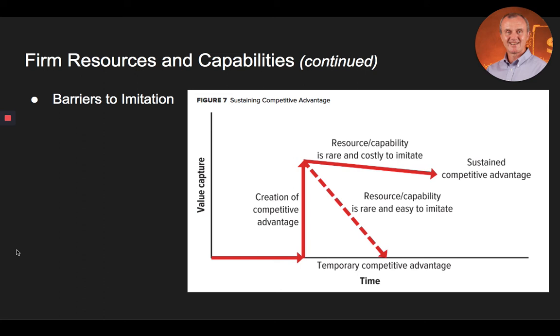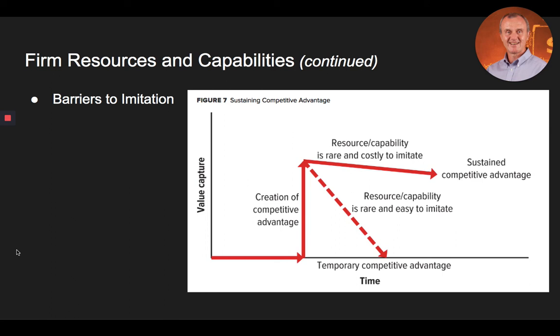Now, let's look at the barriers to imitation. Several characteristics of resources and capabilities make them more difficult to imitate by other firms. Property rights, such as patents, may make it difficult for an imitator to offer a competing product. Firms also engage in preemption to lock up a resource that is limited in supply.